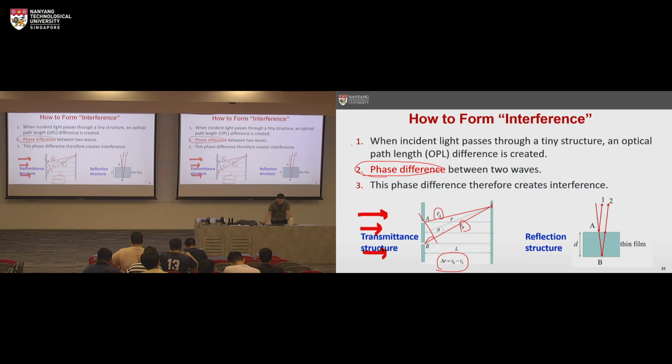Okay, so here is the definition. When a light passes through a tiny structure, OPL is created. Remember, OPL is the optical path length.